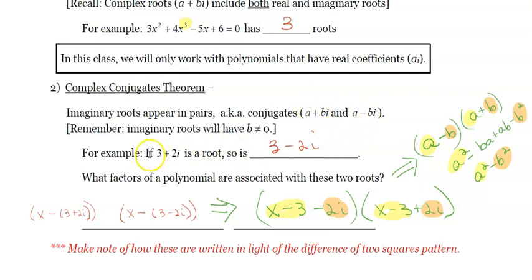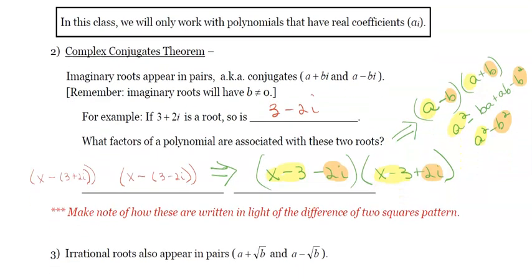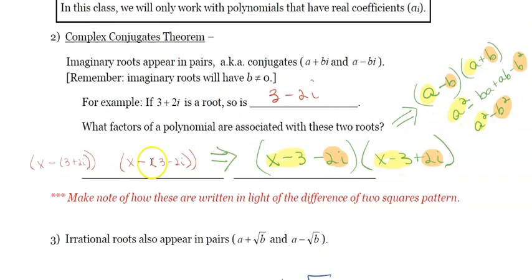If I give you this as a root, then another root is also going to be 3 minus 2i. Then I ask, what factors of polynomials are associated with these roots? This is it: x minus (3 plus 2i), and also x minus (3 minus 2i).